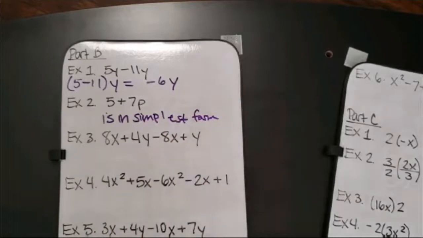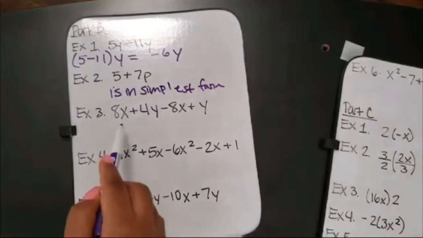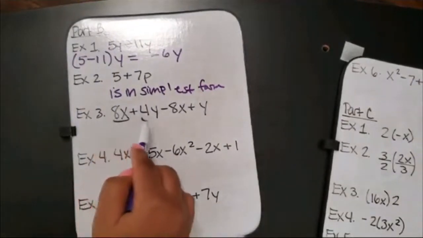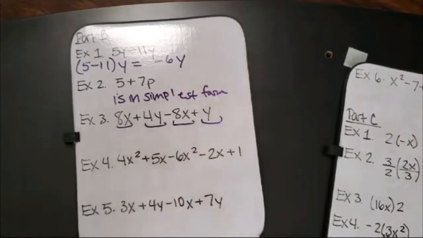All right. So let's look at number 3. We have 8x plus 4y minus 8x plus y. So we technically have 4 terms. This is a term, this is a term, this is a term, and this is a term. Okay? So now we need to figure out our like terms.